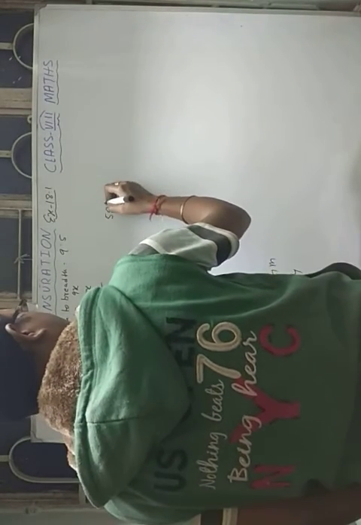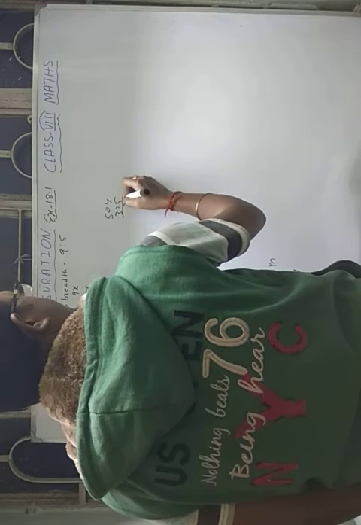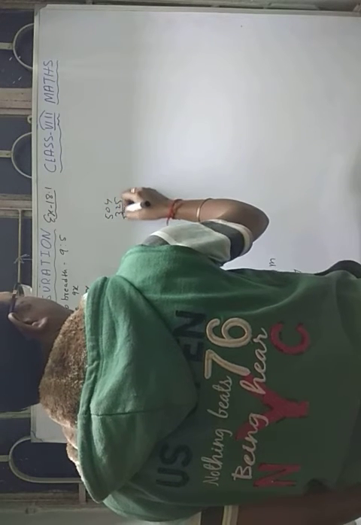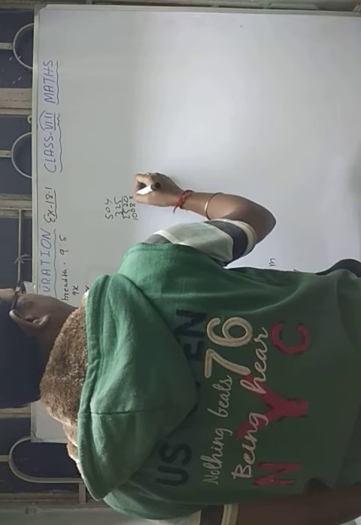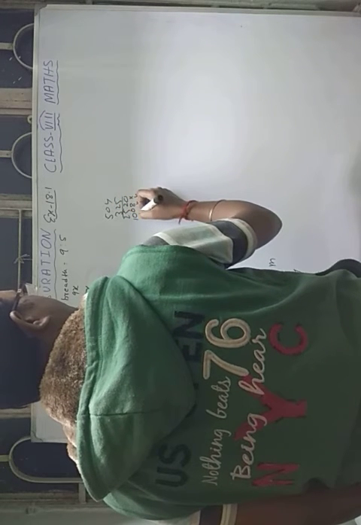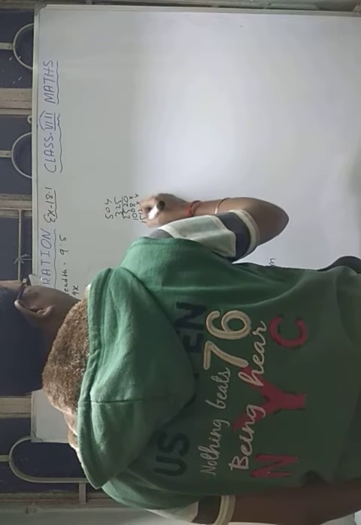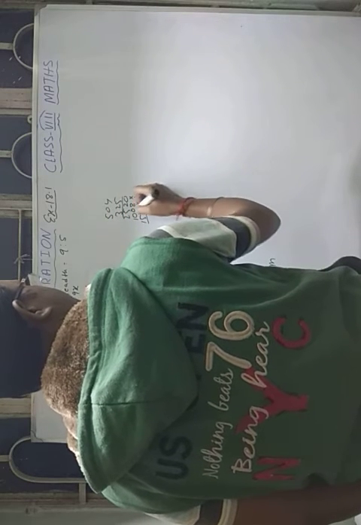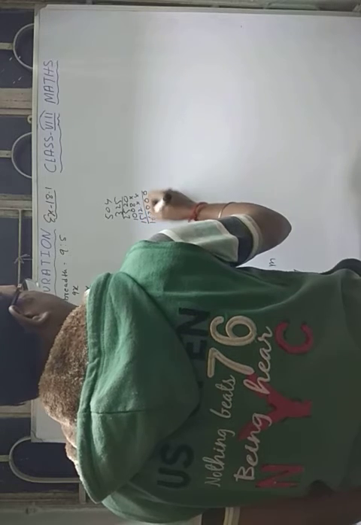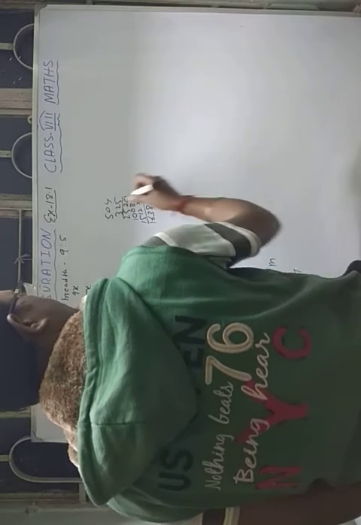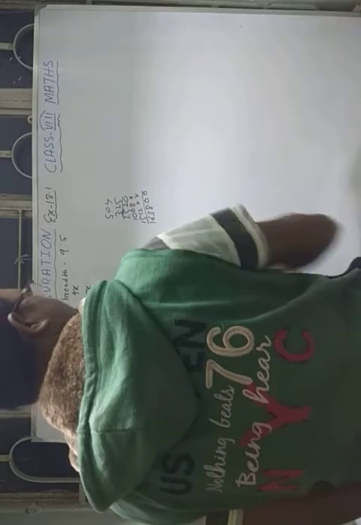So 504 into 325. 5 4s are 20, 5 5s are 25, carry 2; 4s are 8, and so on. Here there is a decimal, so move 2 places from the right side.